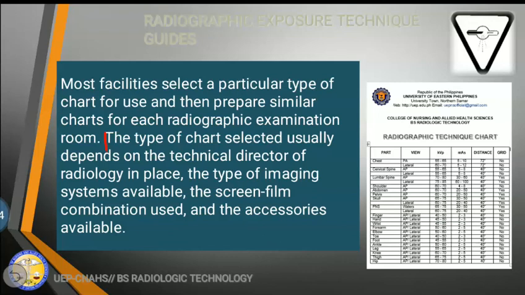Diba? So, X-ray room 3 naman, Samsung. So, iba-iba ang technical factors. Of course, kasi iba-iba nga ang machine. So we don't have any standard here yet. Lalo na kasi each company has tinatawag na mga uniqueness.